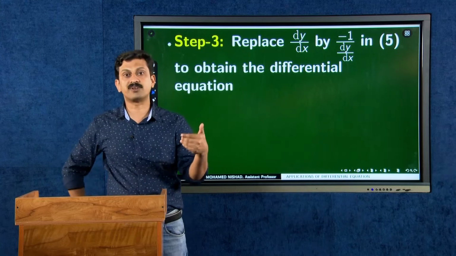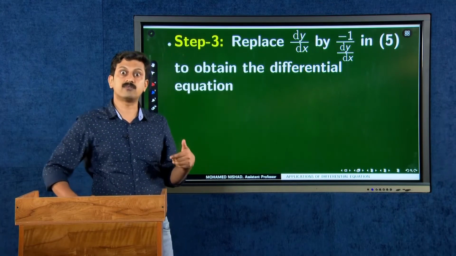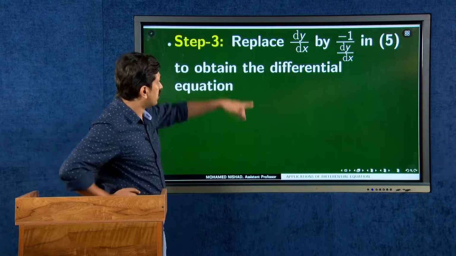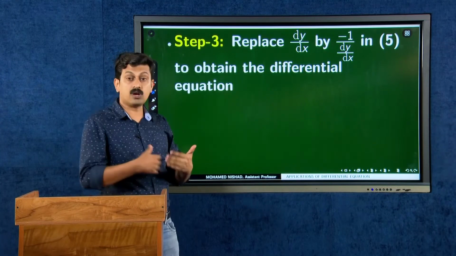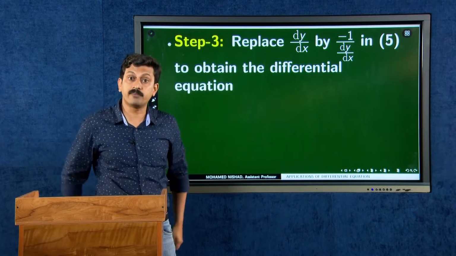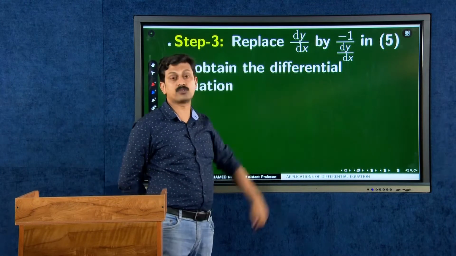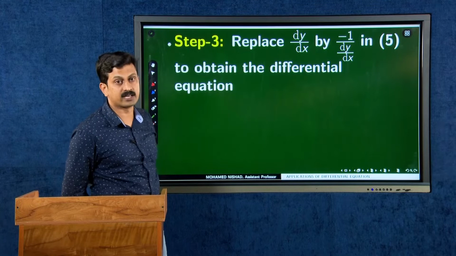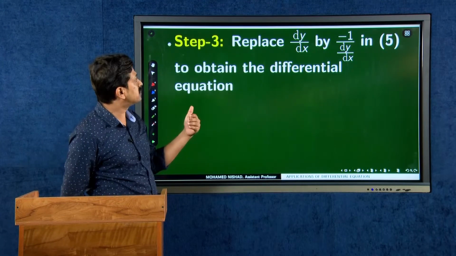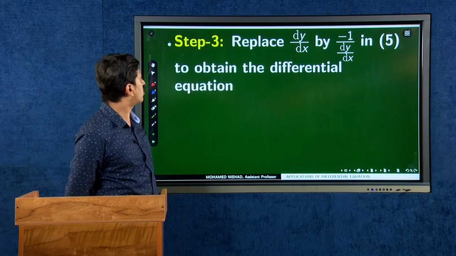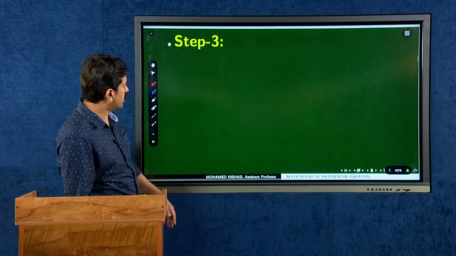The slope at a particular point is the derivative at that point, so dy by dx is the slope of the first curve. The product of the slopes is -1, so the next curve has slope -1 by dy by dx. To find the orthogonal trajectory, we just replace dy by dx by -1 by dy by dx in the equation.